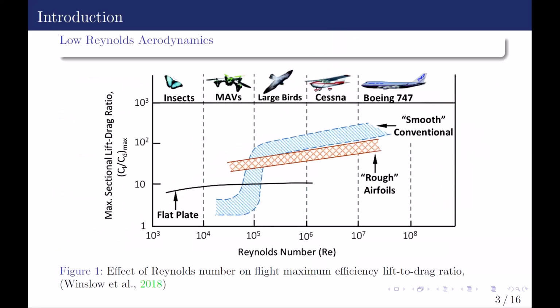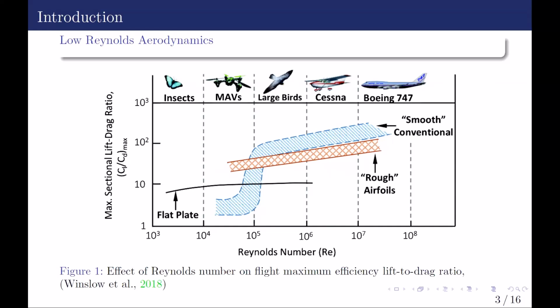The first motivation is that, looking into the flight regimes in terms of Reynolds number, if you are familiar with it, we can classify the different flights that we have currently into different regimes. In the regime from 10 to the power 5 to 10 to the power 6, large birds are flying.